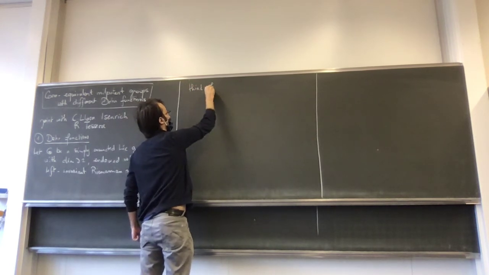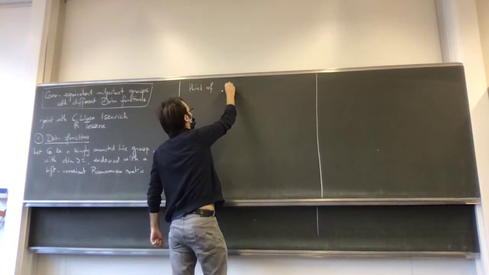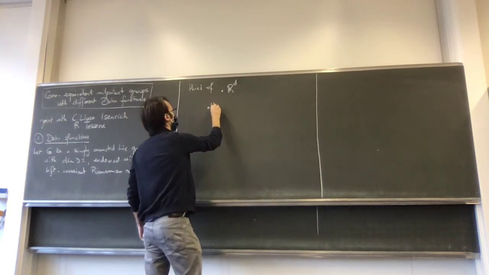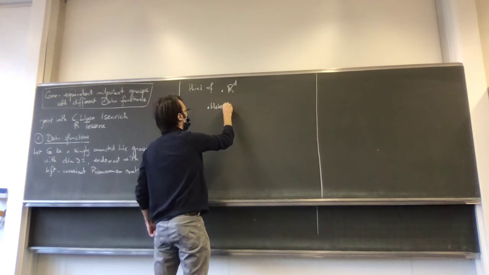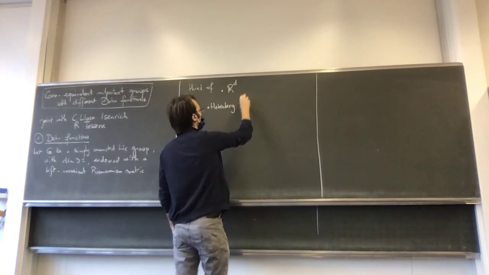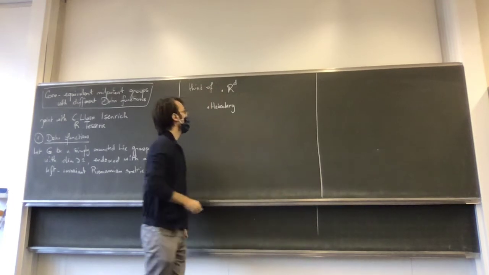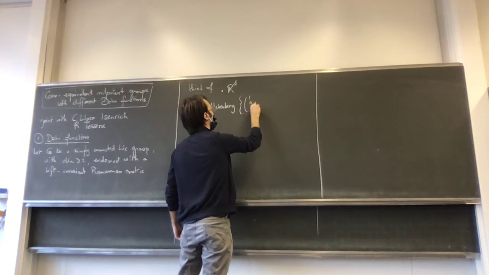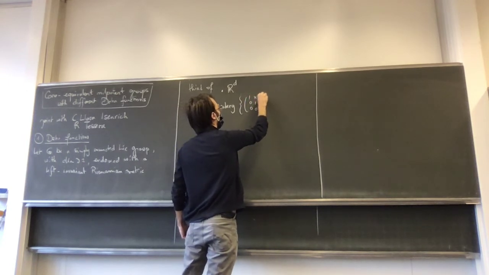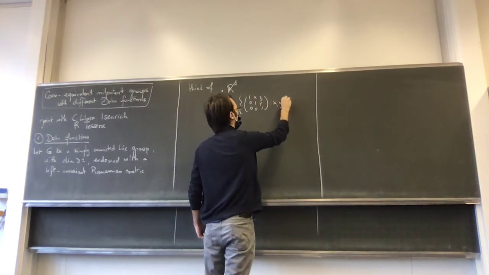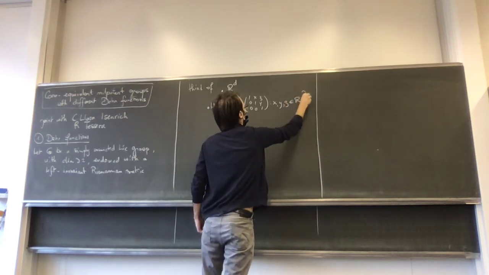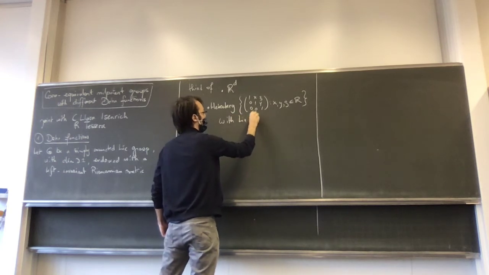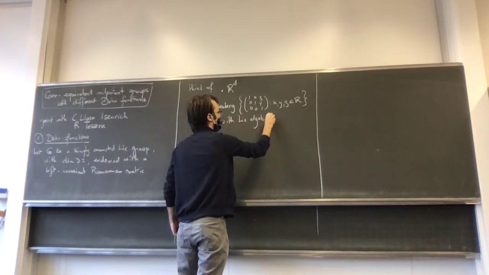You can think of the Heisenberg group. The Heisenberg group is a group of upper triangular real matrices, and we can describe it with its Lie algebra.